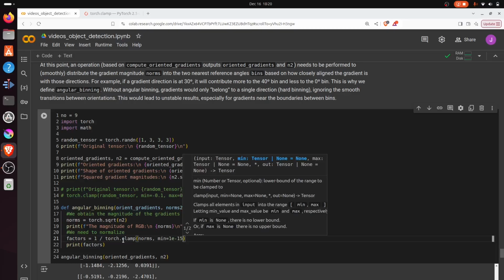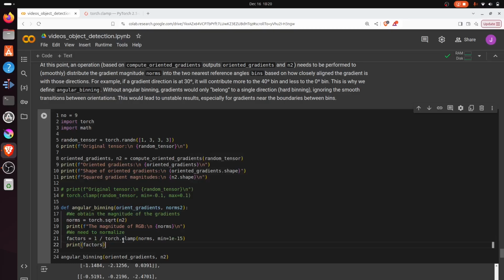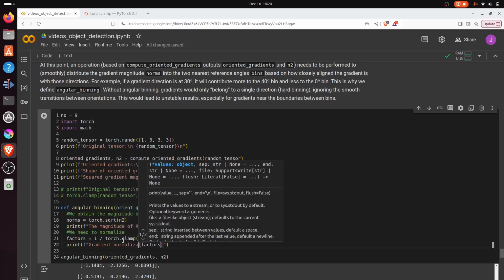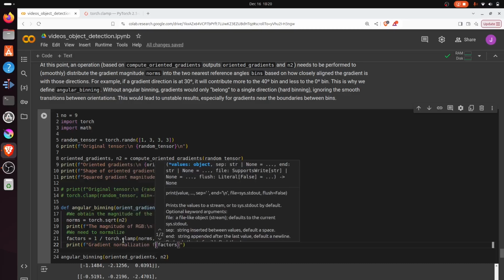Great. So now let's visualize this, and let me add strings here so that it can be better understood. So let's say here gradient normalization factors.